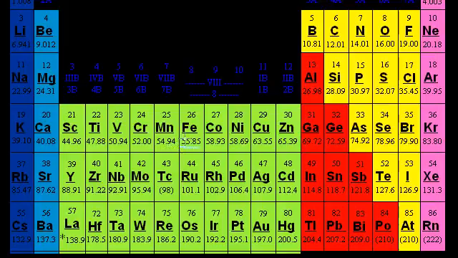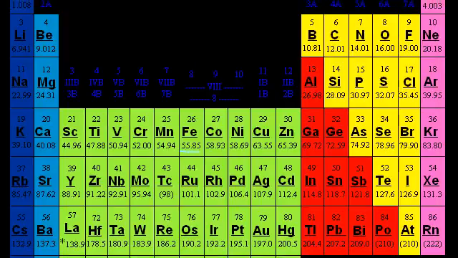I think it's fair enough to round to 56. Let's say we're dealing with the isotope of iron that has 30 neutrons, so it has a mass number of 56. So iron has a mass number of 56, and oxygen we already know is 16.